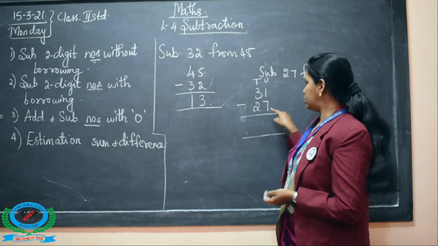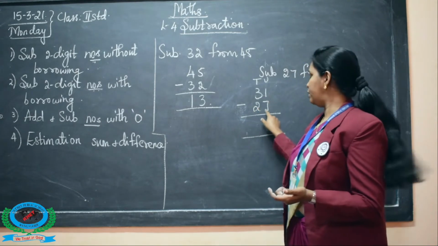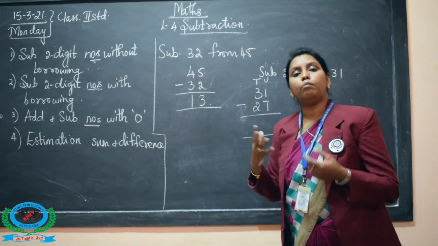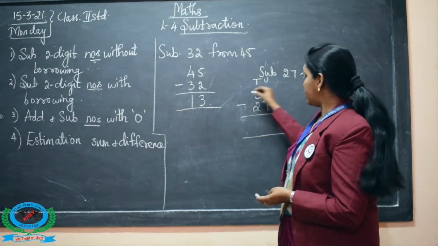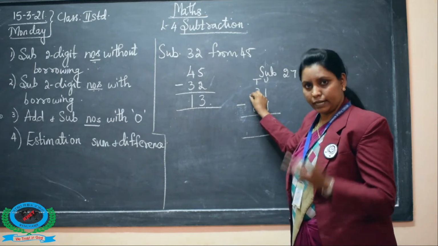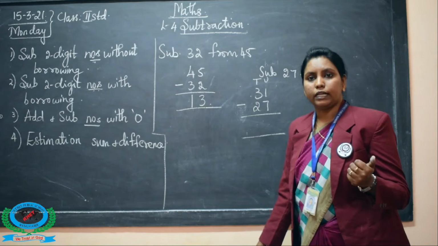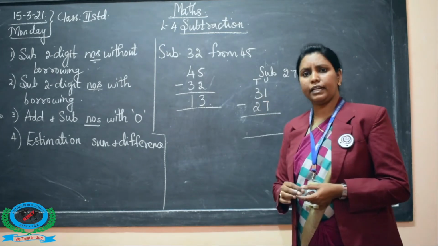Actually, the cost of that pen is 7 rupees, but you have 1 rupee. So for example, you will borrow 10 rupees from your friend. Same like here also you will borrow 10 from the tens place. You can borrow only 10. You can't borrow 20 or 30, anything like that, isn't it?